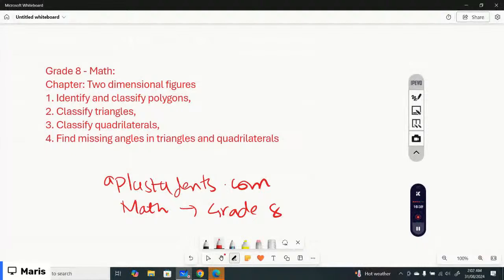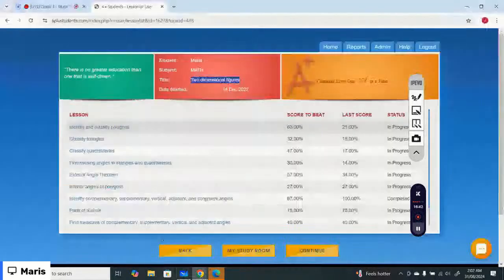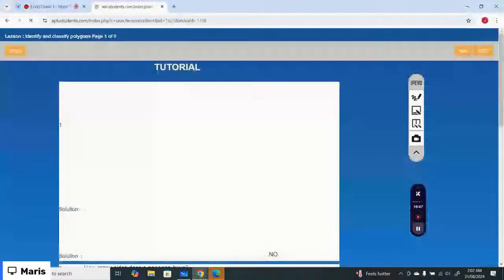So please make sure you have your notebook and pencil so that you can note down the important examples and definitions as well. Let's just start with the lesson, that is identify and classify polygons.